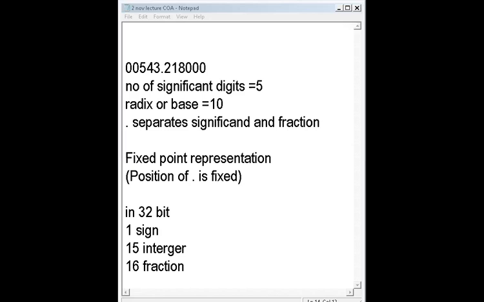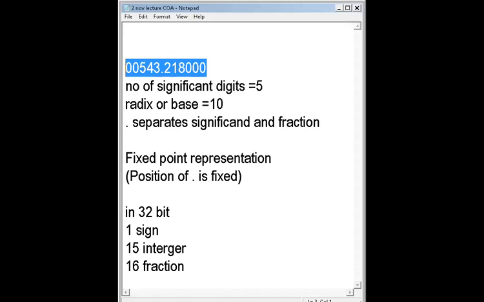The topic which we are going to discuss today is fixed point representation. As you can see, the number written in the first row, which I have highlighted, is 00543.218000. This kind of number has the number of significant digits equal to 5: 1, 2, 3, 4, 5.